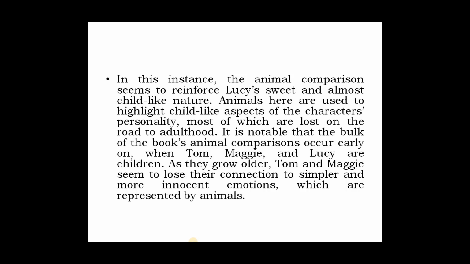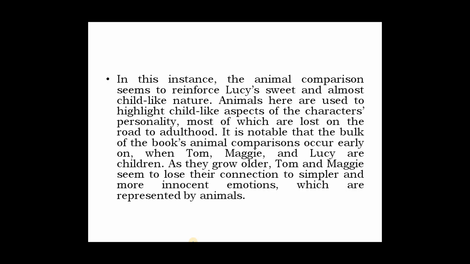Animals here are used to highlight childlike aspects of characters' personality, most of which are lost on the road to adulthood, because these habits are finished when these children grow up, and they forget everything about this gaiety, this happiness of life, this cherishing of moments.